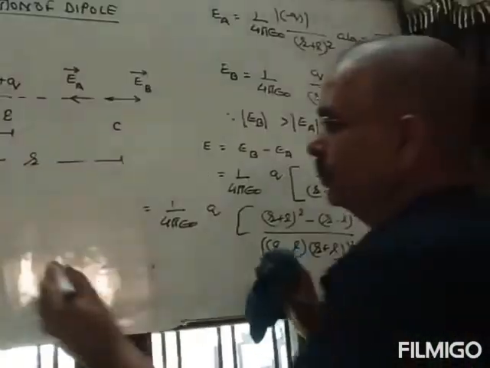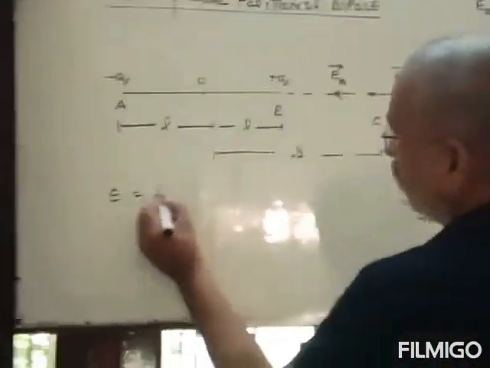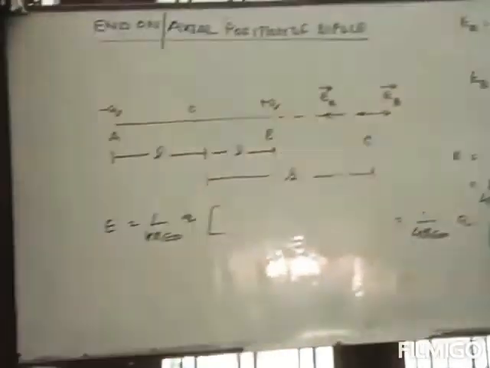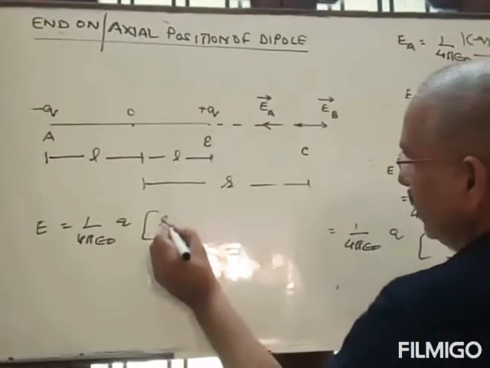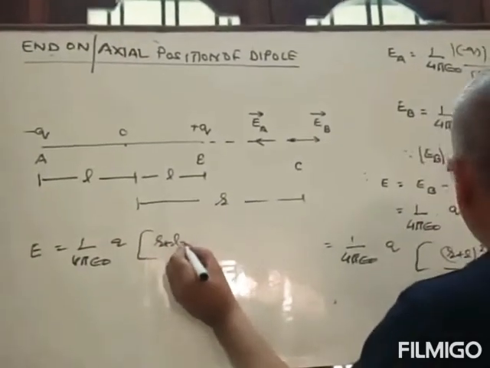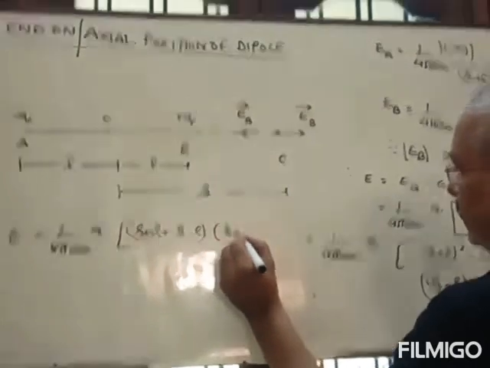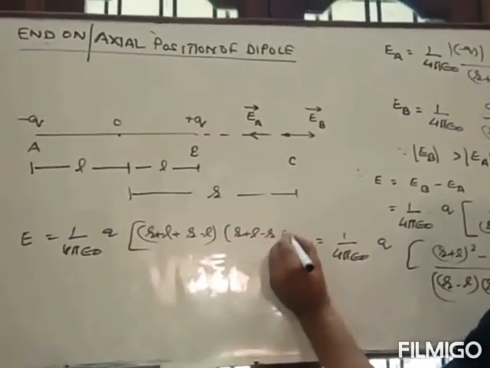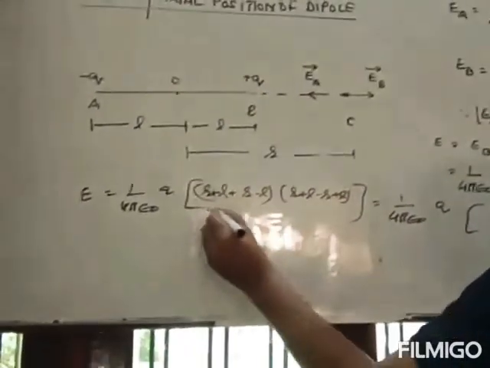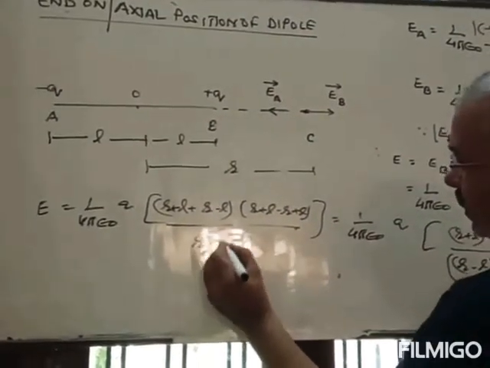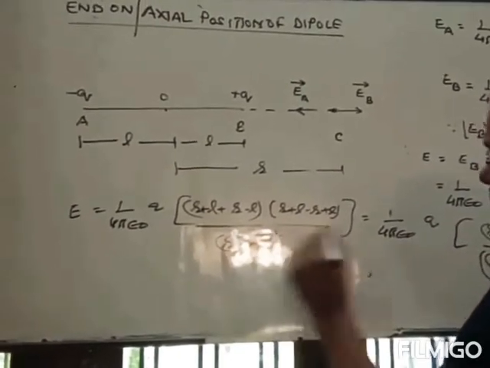Correct? So it becomes E equals 1 upon 4 pi epsilon 0 Q. We write A square minus B square as A plus B into A minus B: R plus L plus R minus L, into R plus L minus R plus L. And in the denominator, A minus B, A plus B becomes R square minus L square whole square.